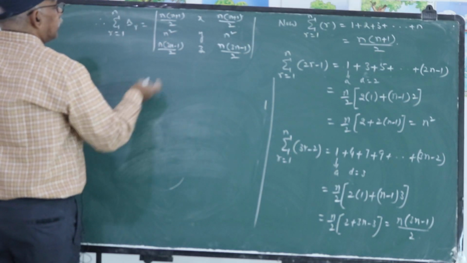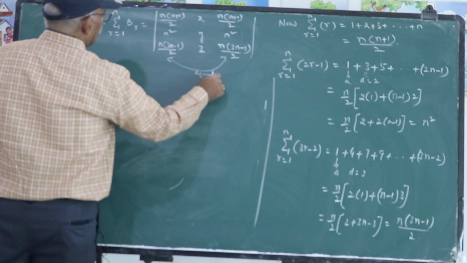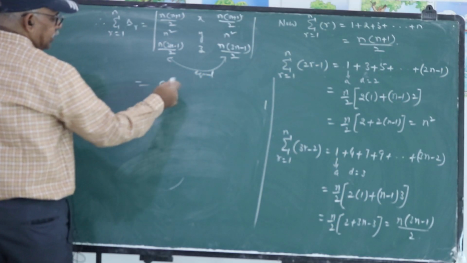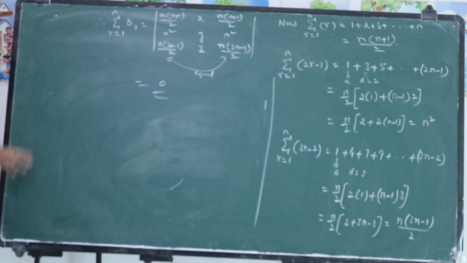Here the two columns are equal. Hence the determinant value is 0. That is the way of applying the summation over a determinant.